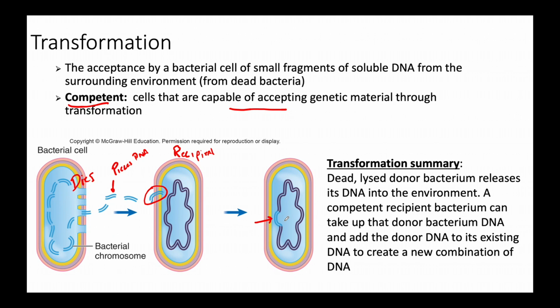What I mean by that is whatever information and whatever trait happens to be stored on this piece of DNA, this bacterium now has it. Some traits we're interested in are things like virulence genes, a term we're going to see in the future, because virulence relates to the ability to cause disease.